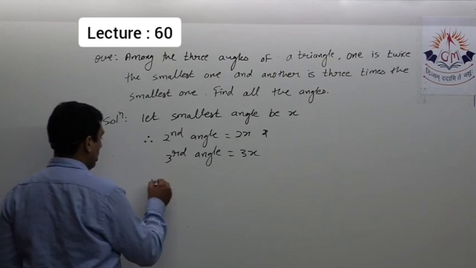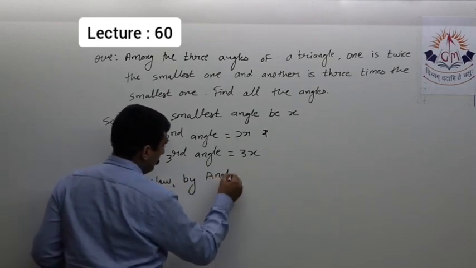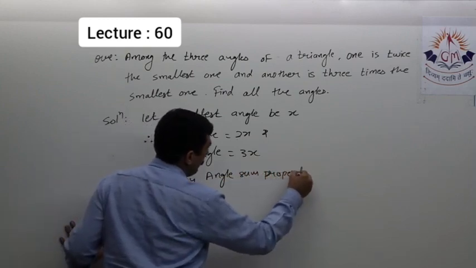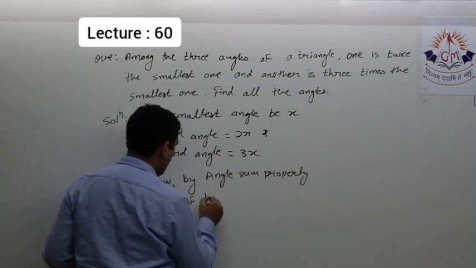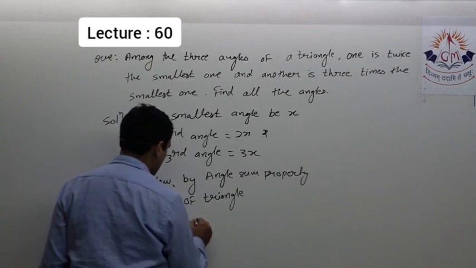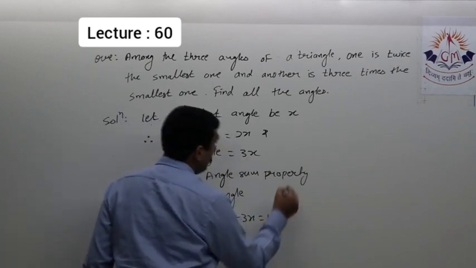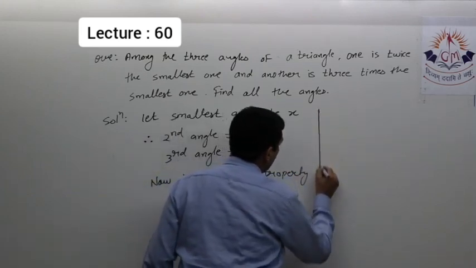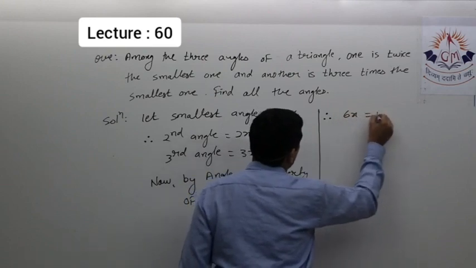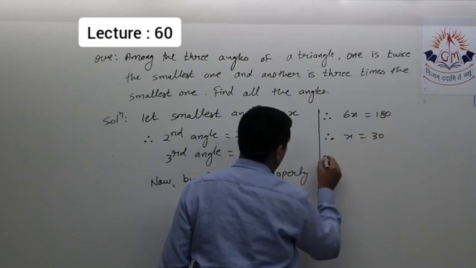So now by angle sum property of triangle, I can write x plus 2x plus 3x is equal to 180. Sum of all three angles is 180. Therefore what I will get, 6x is equal to 180. Therefore x is equal to 30.